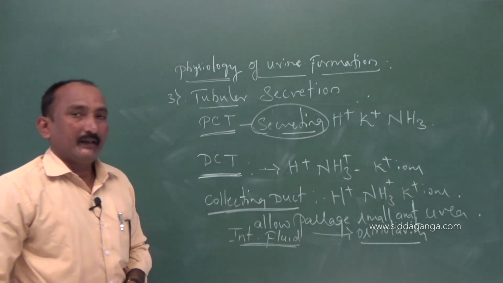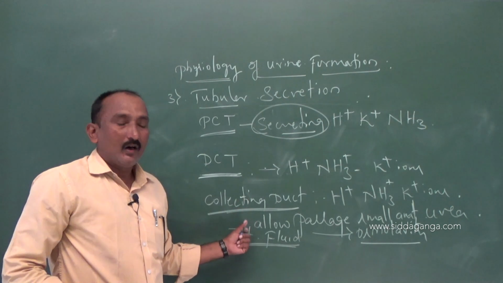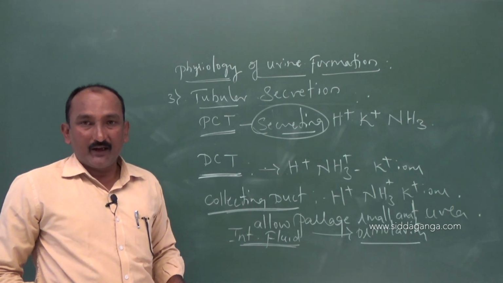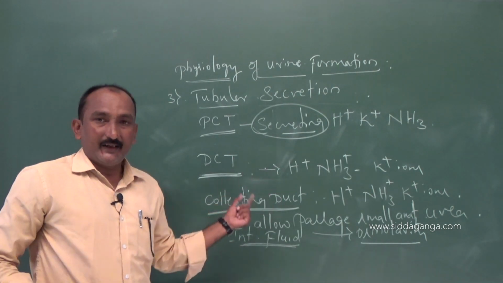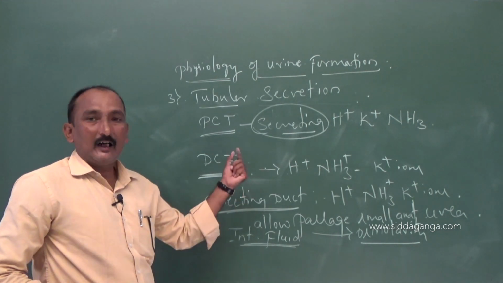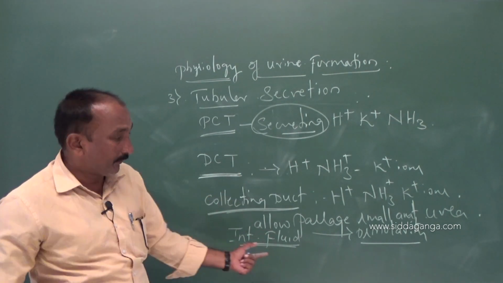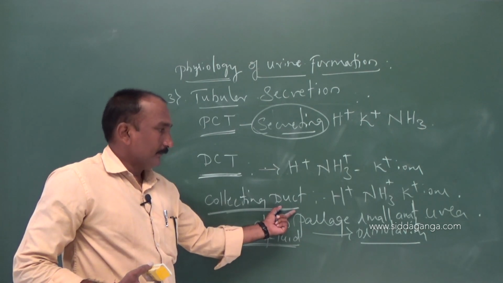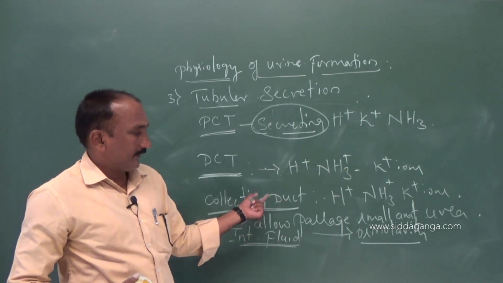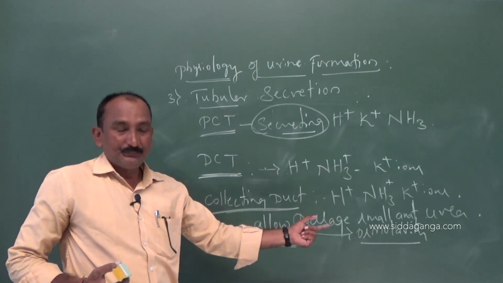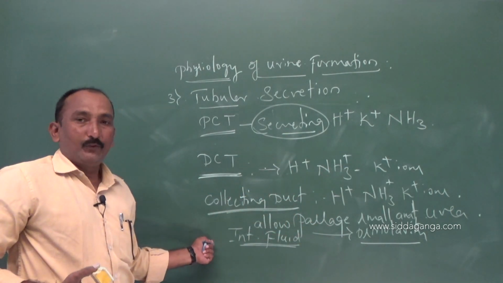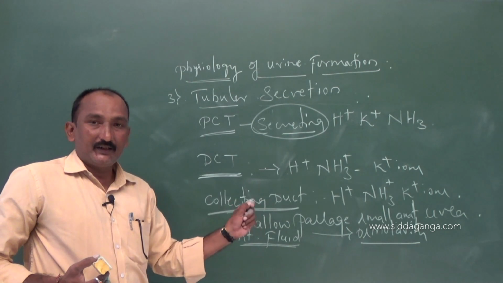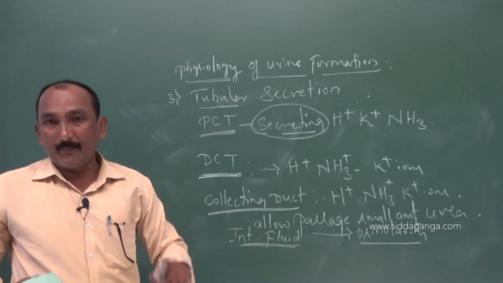That means it can maintain the osmotic concentration in the inner region of the medulla. Usually the collecting duct and loop of Henle are the parts present up to the inner region of the kidney, that is the medulla. Within that medulla, the collecting duct allows the passage of a small amount of urea into the interstitial fluid to maintain osmolarity. It can be studied in detail with regard to the counter current mechanism.